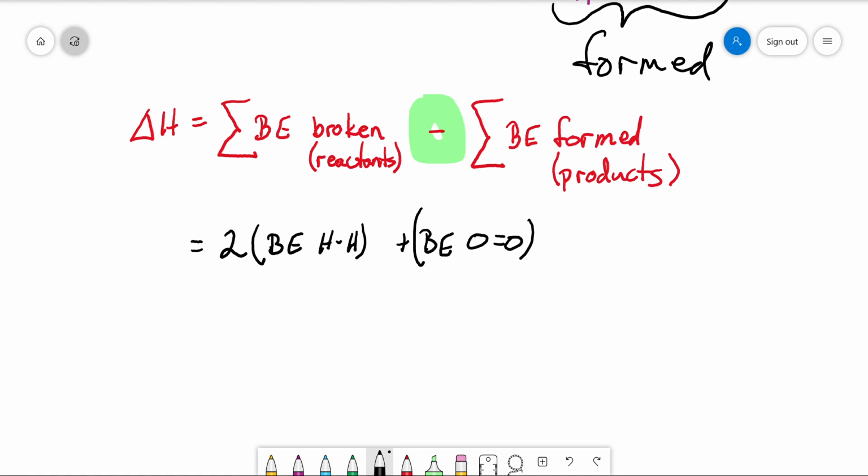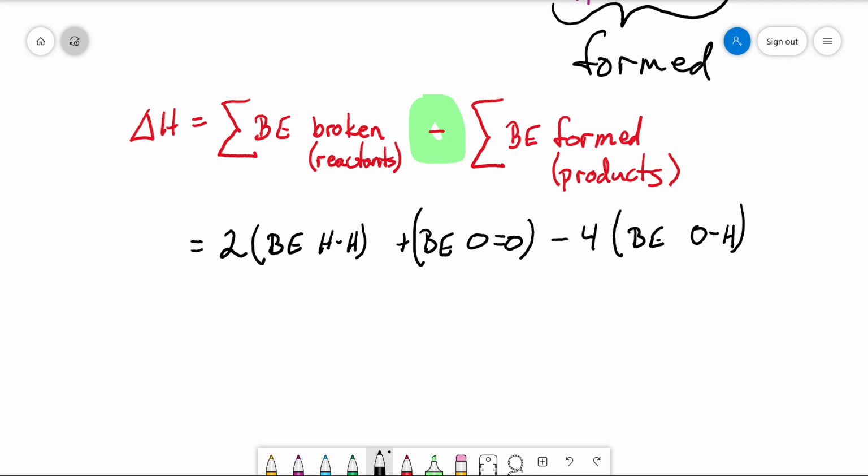And let me say this right now, an oxygen-oxygen double bond is not the same as 2 oxygen-oxygen single bonds. So a double bond is not just twice what a single bond is. Minus 4 times the bond energy for an oxygen-hydrogen. It might be listed as hydrogen-oxygen. It doesn't matter which way it goes. Okay? It's the same bond.